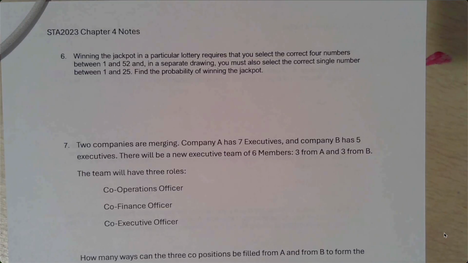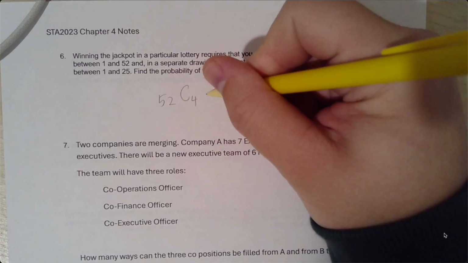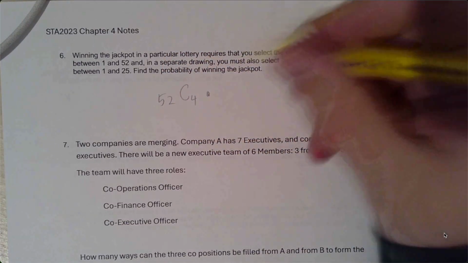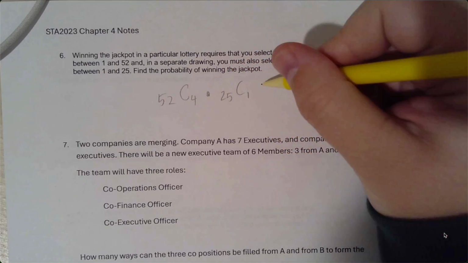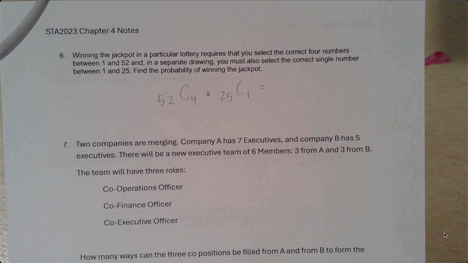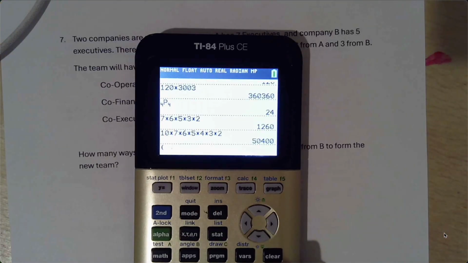So, this is going to be 52 choose 4. And then we're going to multiply that by, well, I guess, 25 choose 1. Which is actually just going to be 25. Because, right, there's only one way to get one number out of 25. You got to pick the one out of 25. But even so, we can use our calculator, and I can write it in parentheses.